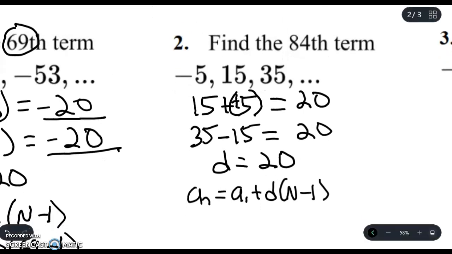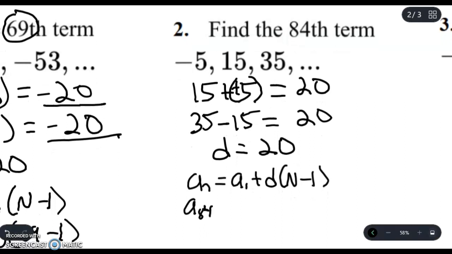So I'm going to have a sub 84th. And that just means, hey, when we get the answer, it's for the 84th term. All right, and that's going to be equal to the first term, negative 5, plus the common difference, which is 20, times n, which is 84, minus 1.